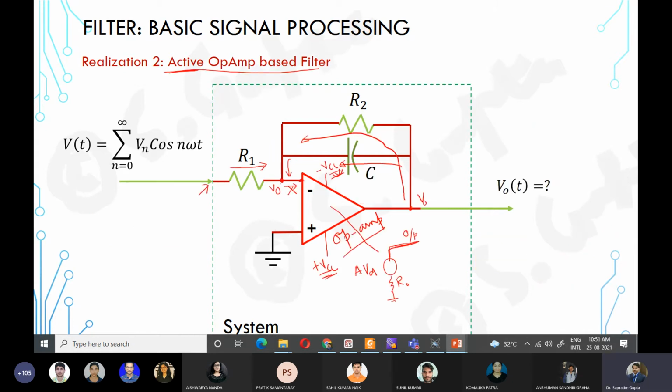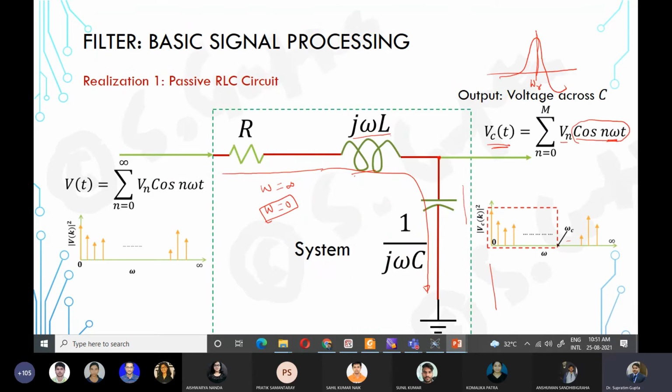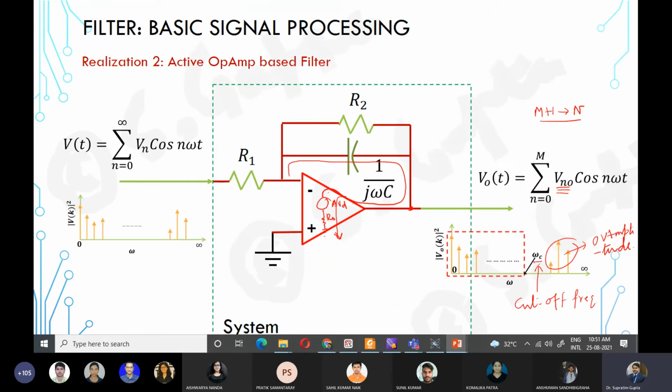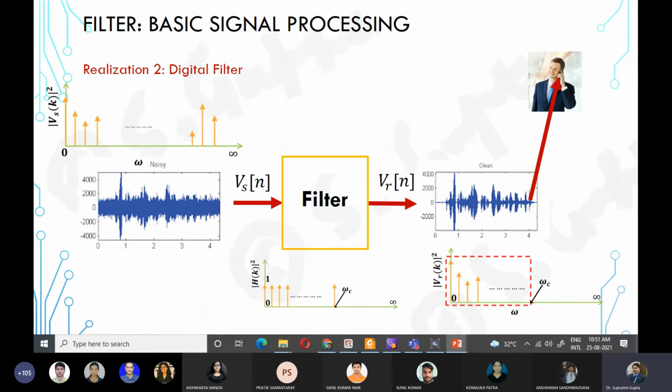We can also design a circuit using passive RLC filter or RLC components. But what all are doing is the filtering operation. Now what we want is a digital filter. So the digital filter is an alternative to the earlier realizations.